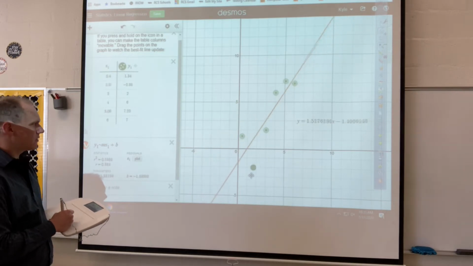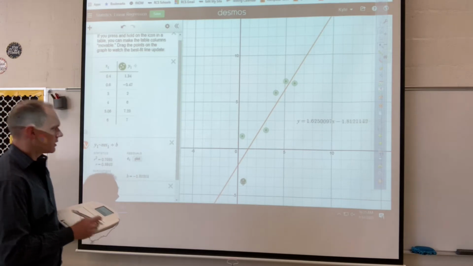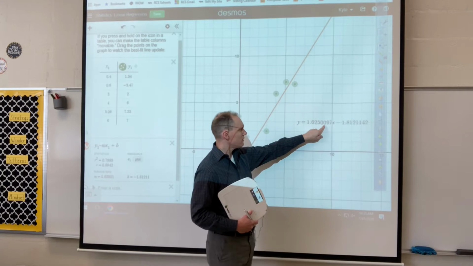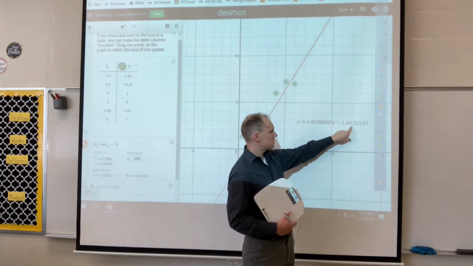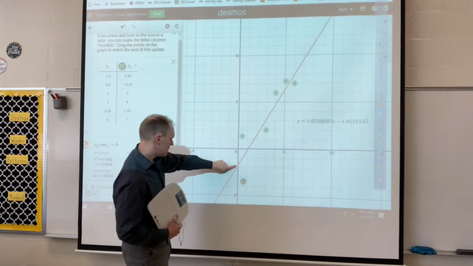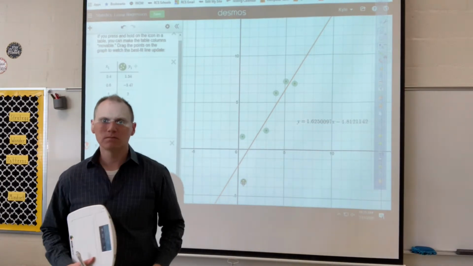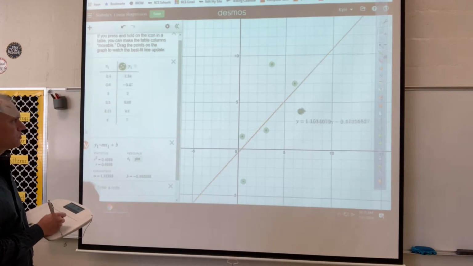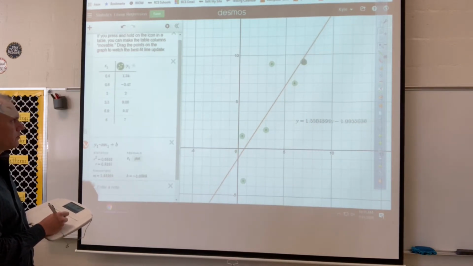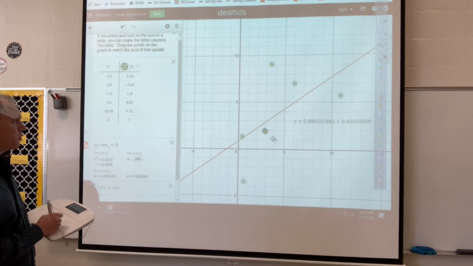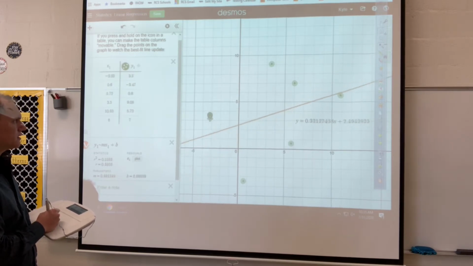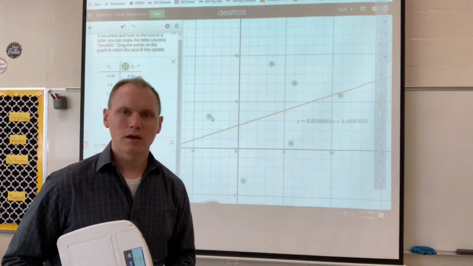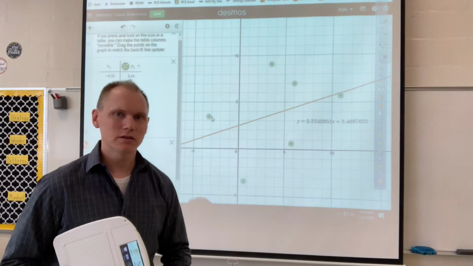If I move it way down here, now this function has a slope of 1.625, x minus, and a y-intercept of about negative 1.8. It's cool to see how each point alters the line of best fit. And as I spread these points out, the line of best fit becomes less and less accurate in representing these points.